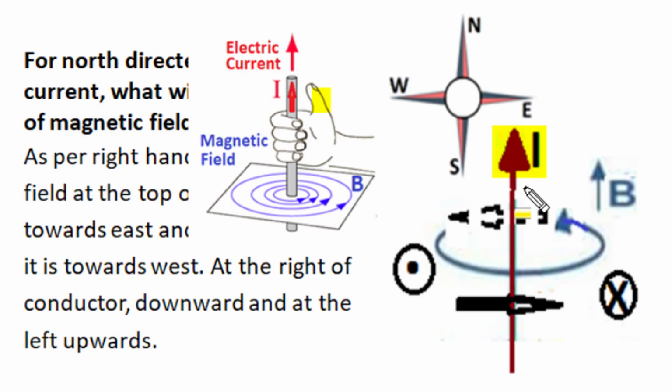So this magnetic field at the top of the conductor is from west to east direction, and at the bottom of this current the magnetic field is directed from east to west, and to the eastern side of this north directed current the magnetic field is vertically downward, and to the west side the magnetic field is vertically upward.